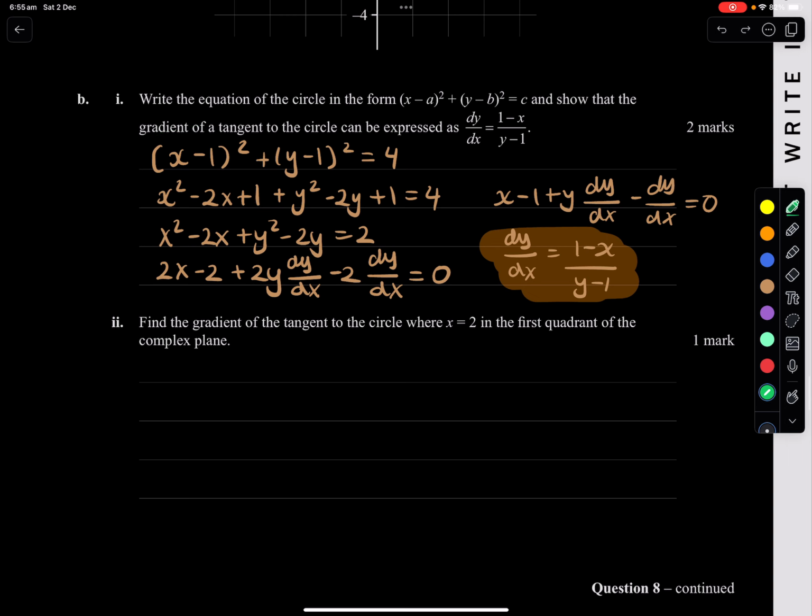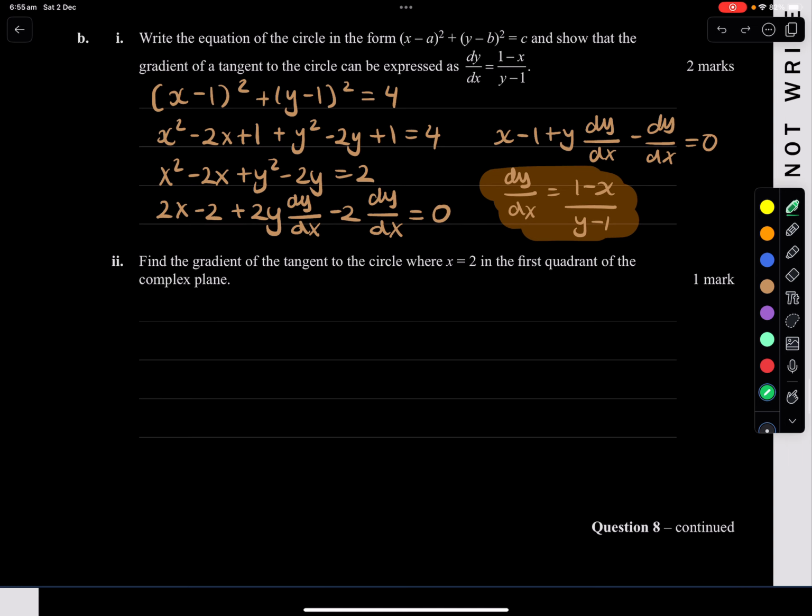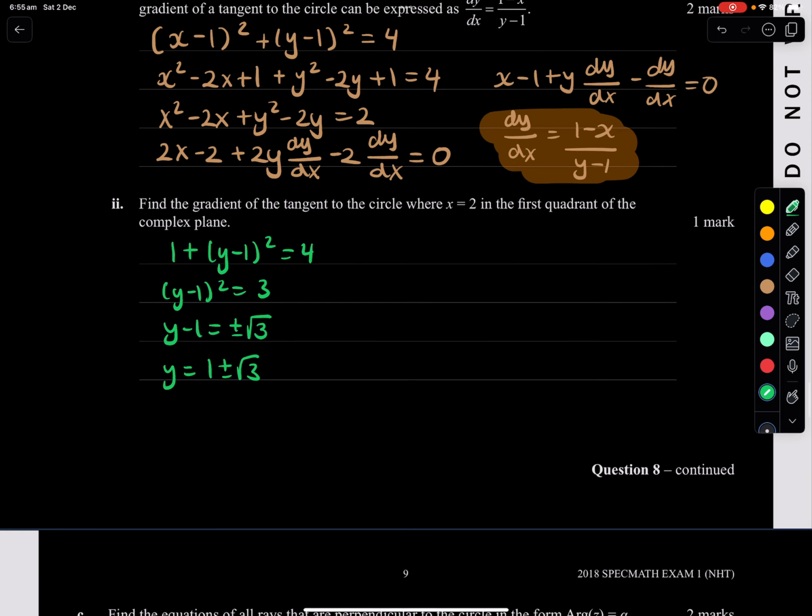Let's sub in x equals 2, so that's just 1 squared, so 1 plus y minus 1 squared equals 4. So y minus 1 squared is 3, y minus 1 is plus or negative root 3, y is equal to 1 plus or negative root 3. Because we are talking about the first quadrant, your y value must be positive. Hence y is equal to 1 plus root 3.